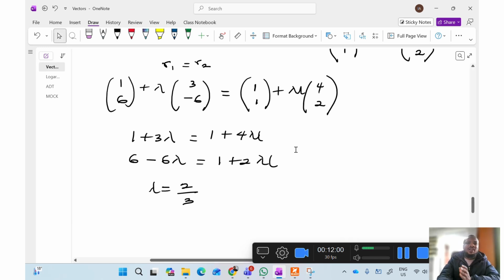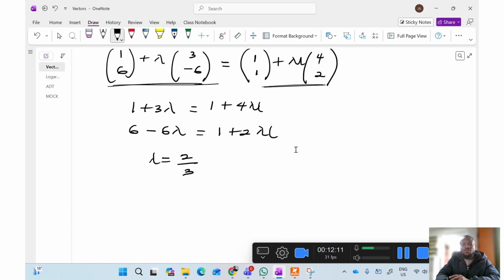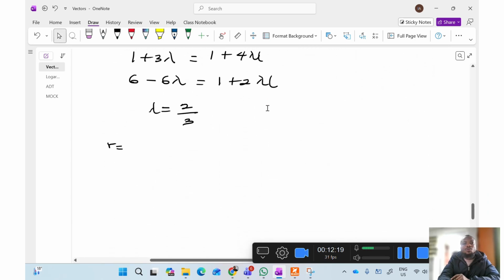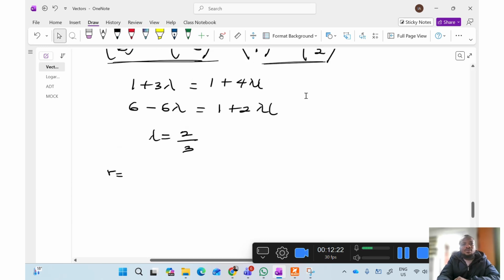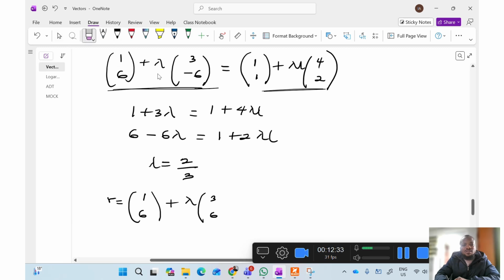Like I said, you can find either lambda or mu. Whichever one you find is fine. Since I found lambda, I take this equation, isn't it? Since I did not find mu. If I had found mu, I would have taken the other equation. So the coordinates of that point will be equal to 1, 6 plus lambda 3, minus 6, where lambda is 2 over 3.